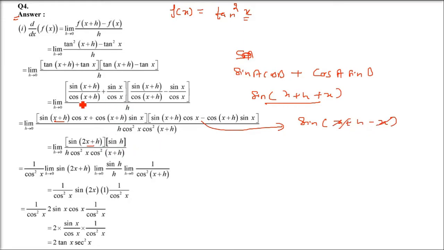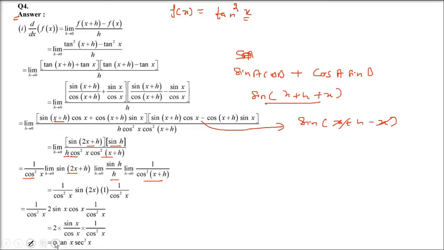Now in the denominator you have h. The denominator, as I said, has cos squared x and cos squared (x+h). Now this sin h and this h, we can take separately. Wherever h is there, you apply the limit. Wherever h is not there, you can just keep it outside. Since cos squared x doesn't have h, we will keep it outside. sin(2x+h) will take the limit, sin h by h will take the limit, and cos squared (x+h) will take the limit.